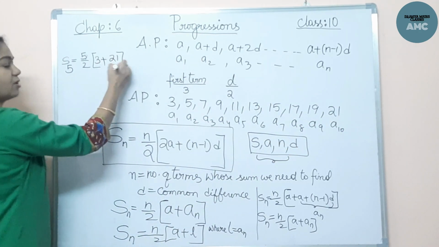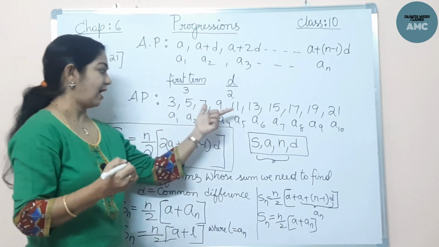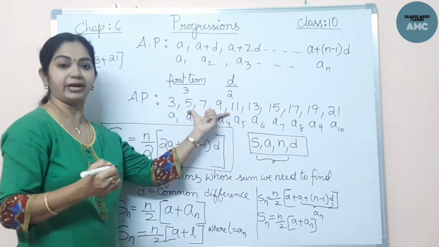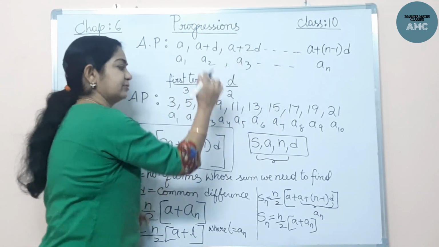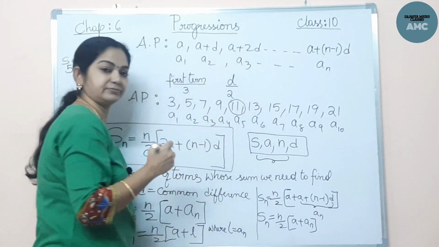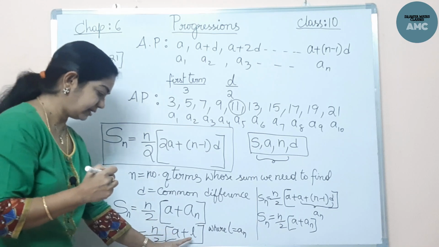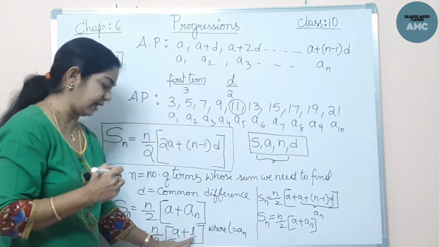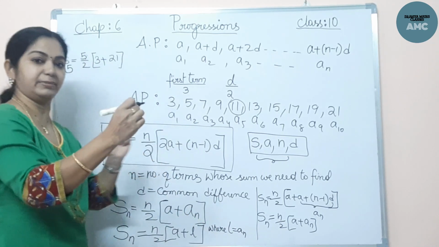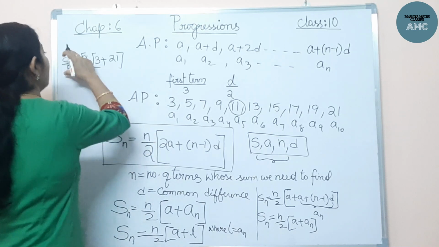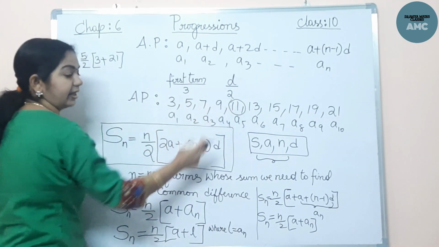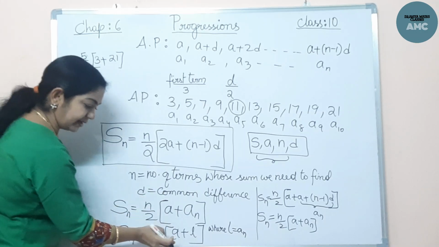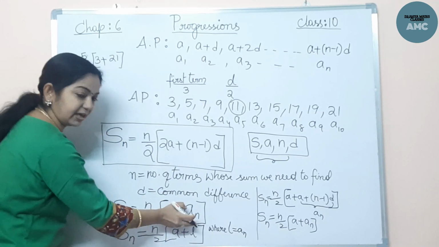So this goes wrong because I want only the sum of 5 terms, and you won't have that idea that last is the last term. You won't take this 11. So at times you get confused where L is the nth term. That means not the last term of the series, but how many terms we are summing, that is the n, that is the nth term. So better write this formula, A plus An.